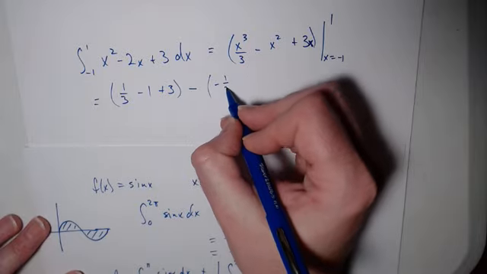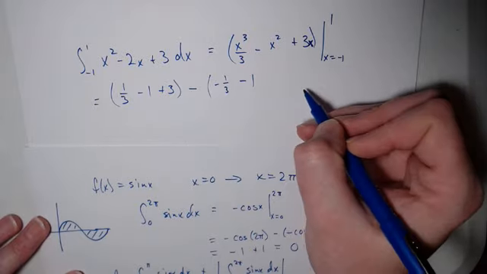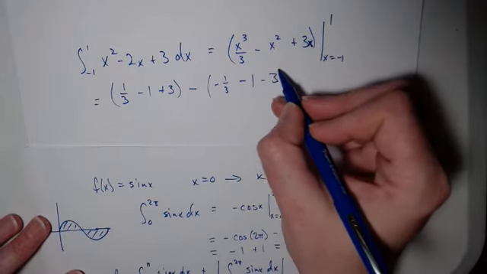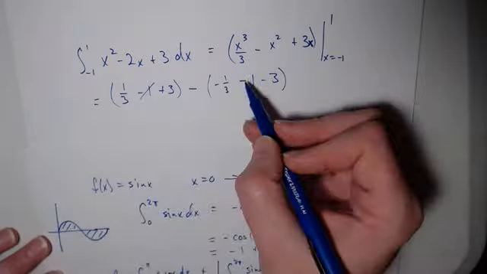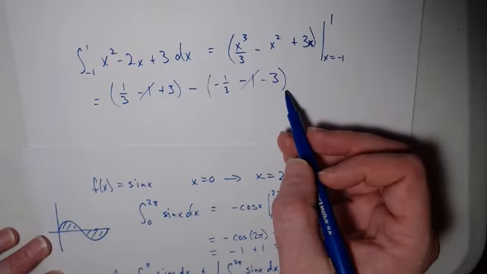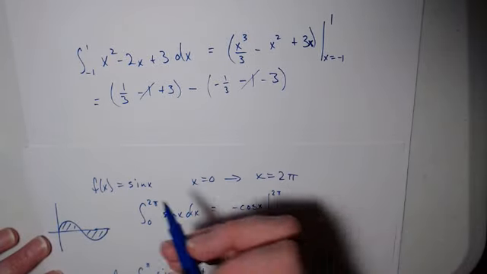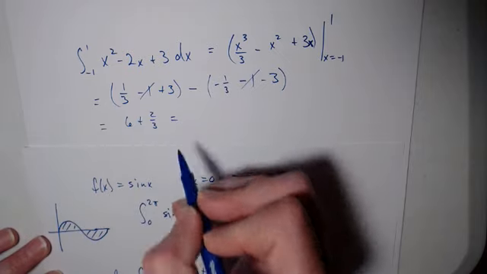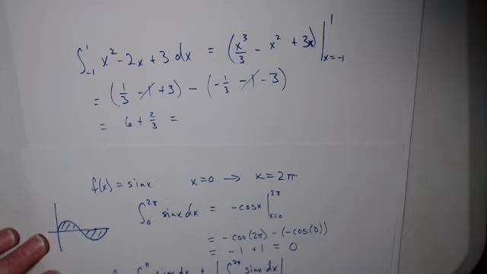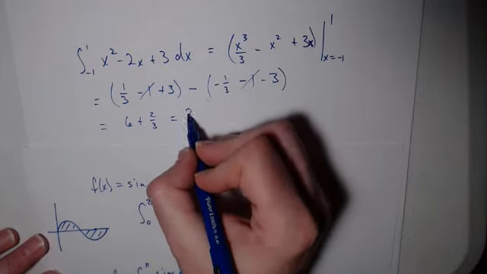So that'll be negative 1/3 minus 1 minus 3. These will cancel. That's going to be 6 plus 2/3, right? And 6 plus 2/3, that's going to be 20/3.